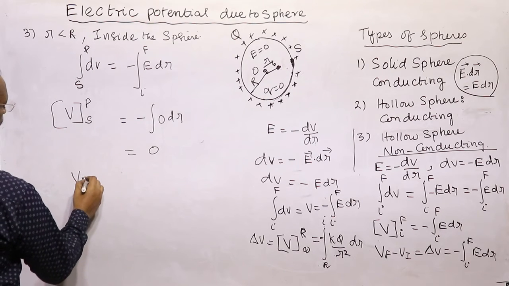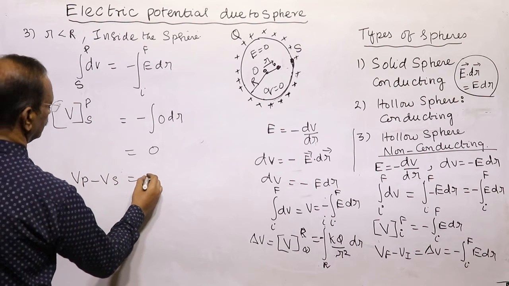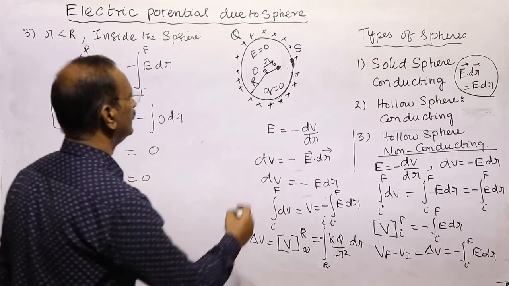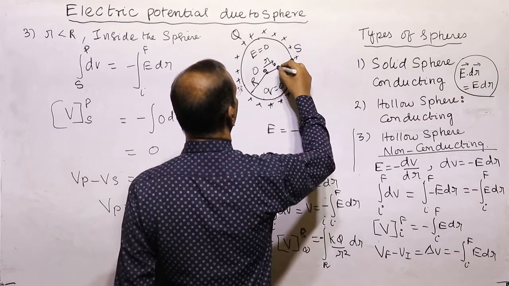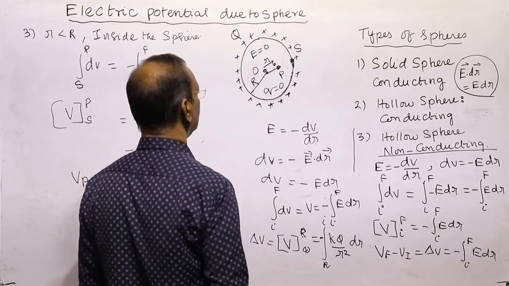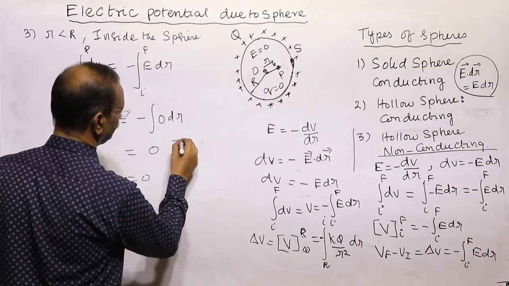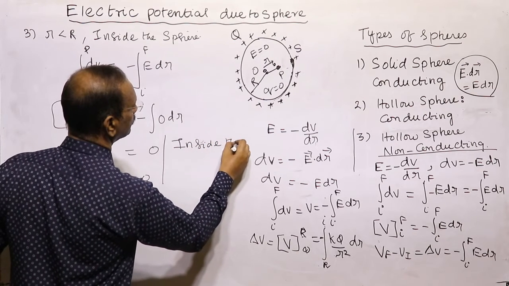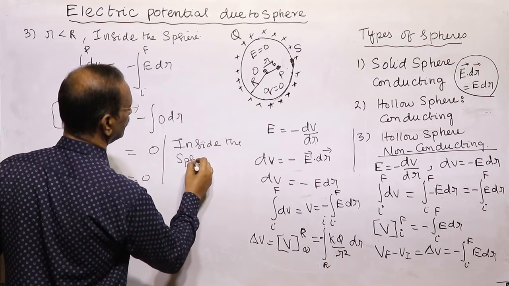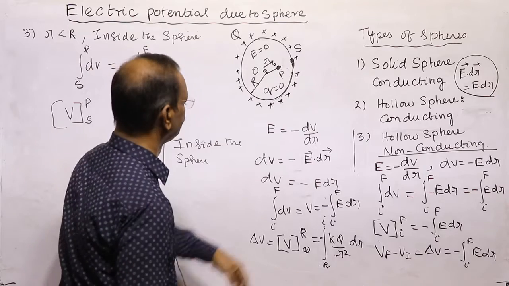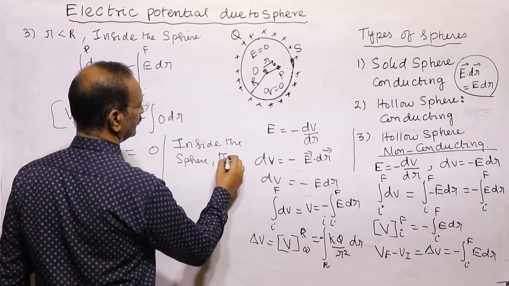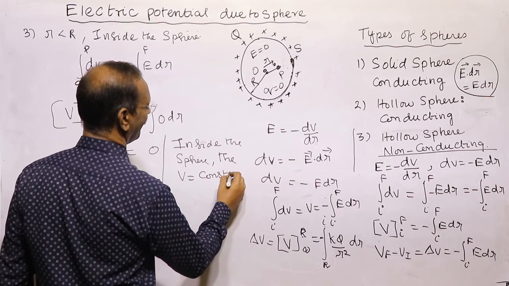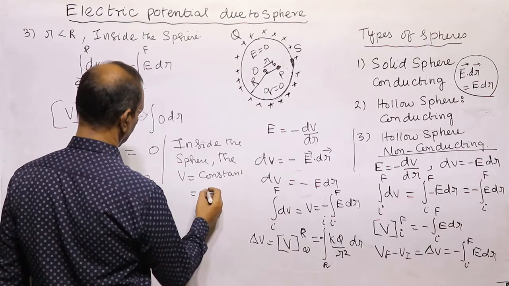That is, Vp minus Vs is equal to 0, and Vp is equal to Vs. It means the potential at this point P is equal to the potential at point S. It means inside the sphere of this configuration, the potential is equal to a constant and is equal to Vs.